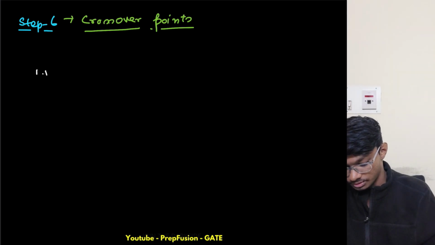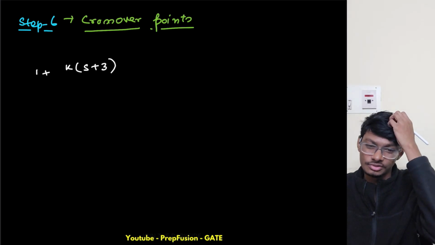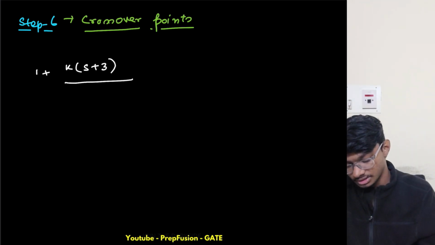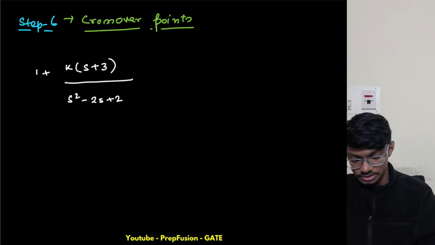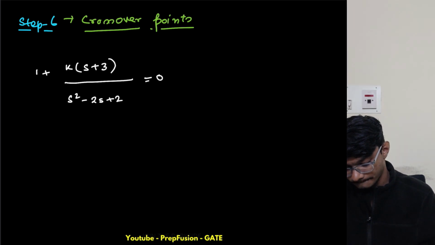So it is simply equal to 1 plus k into s plus 3; just put that in the characteristic equation and you will get it. What is my characteristic equation? It is s square minus 2s plus 2 equals 0. So this becomes s square minus 2s plus 2 plus ks plus 3k equals 0.